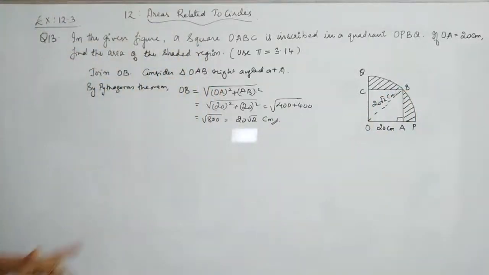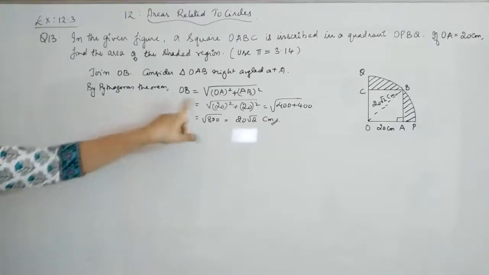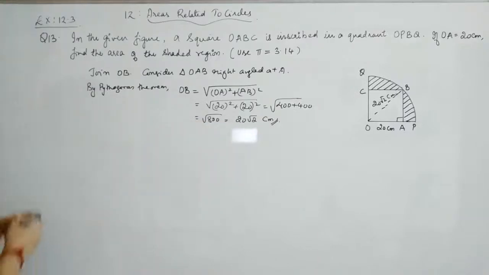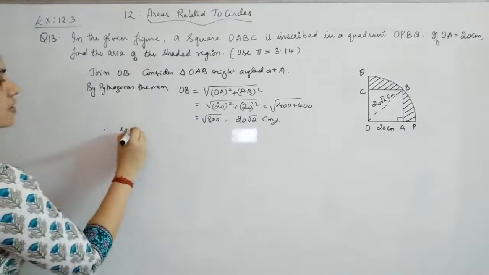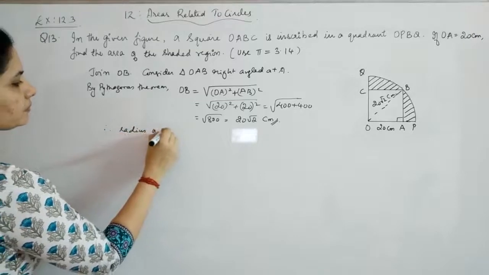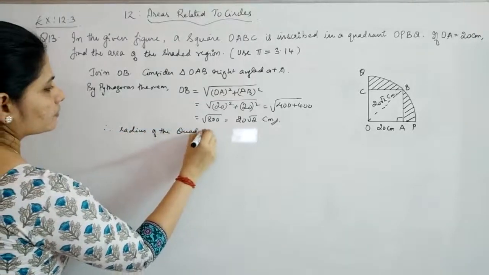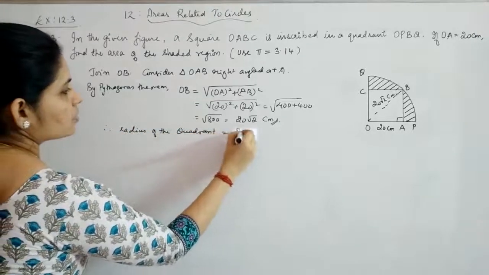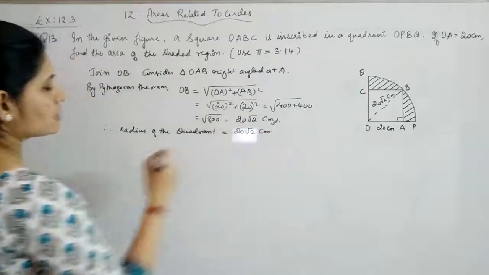Now you have the side of the square, that means you can find out the area of the square and the area of the sector also, because you have the radius. So therefore radius of the quadrant will be equal to 20 root 2 centimeter.